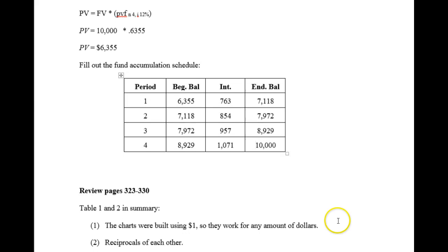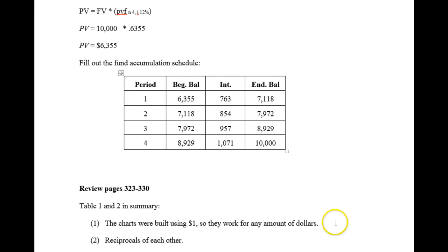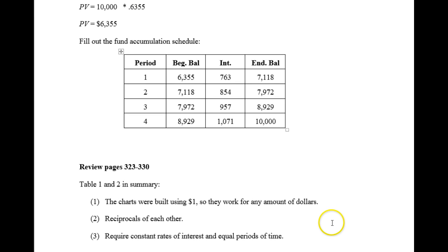So you should review pages 323 and 330 in this book, and you'll find that Table 1 and Table 2, in summary, the charts were built using $1, so they can work for any amounts of dollars. You can plug in any dollar amount you want, and that interest factor will work because it was done on $1. Table 2 is a reciprocal of Table 1.